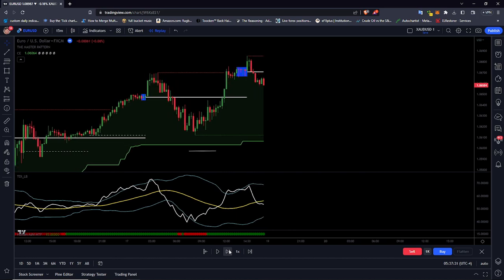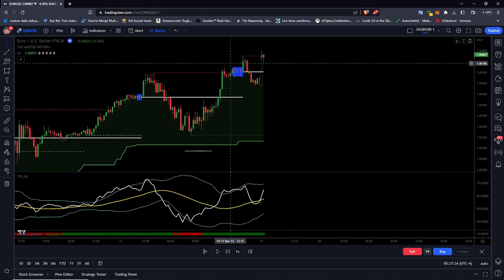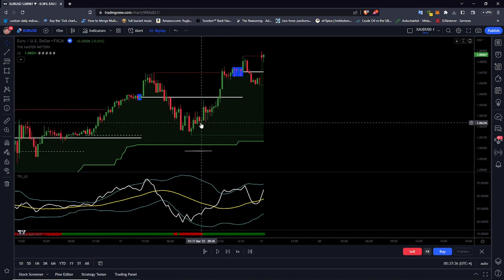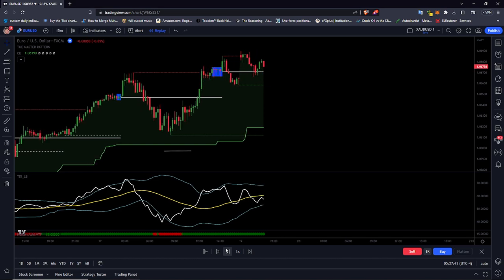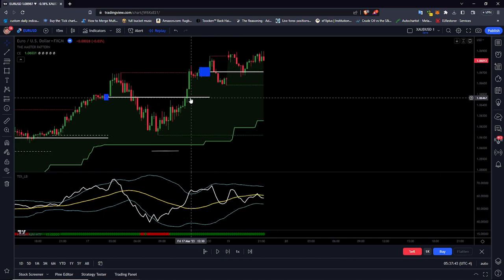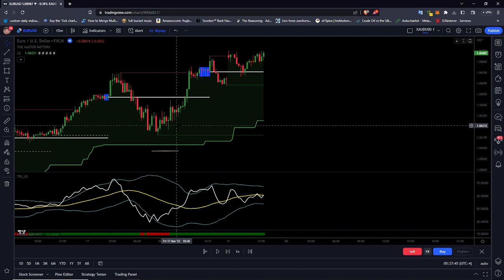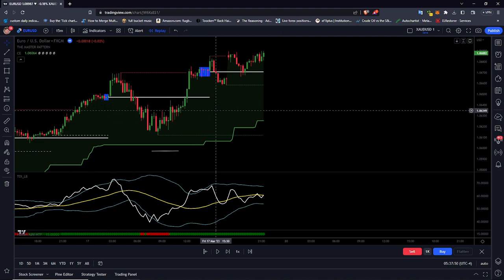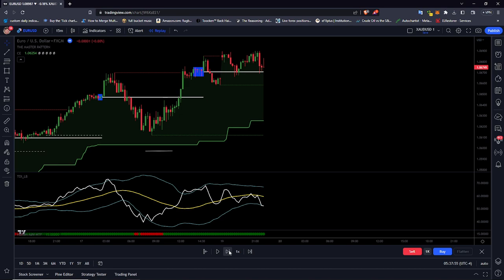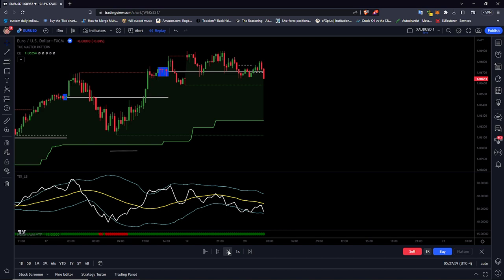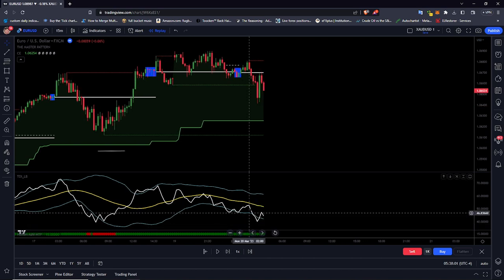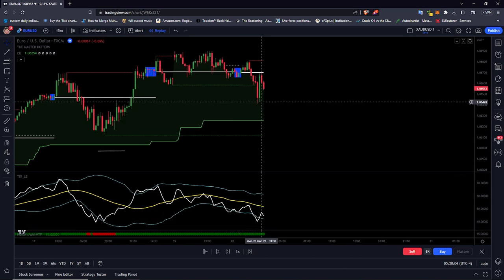Now, if we closed 80% there and we have 20% still running, if price closes below this value line, you're better to abort mission there, right? Because most likely it's going to stop you out. So structure again, we are waiting to go below value.